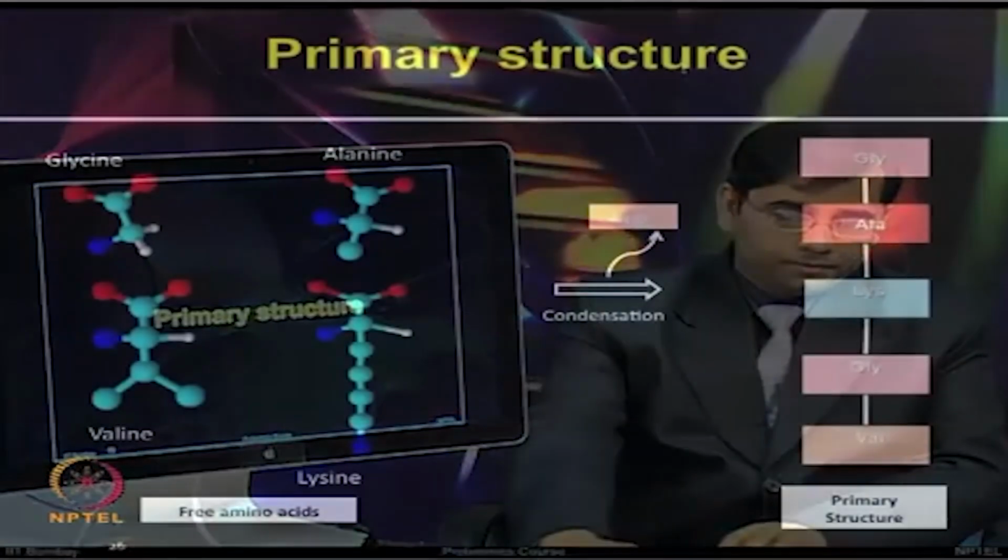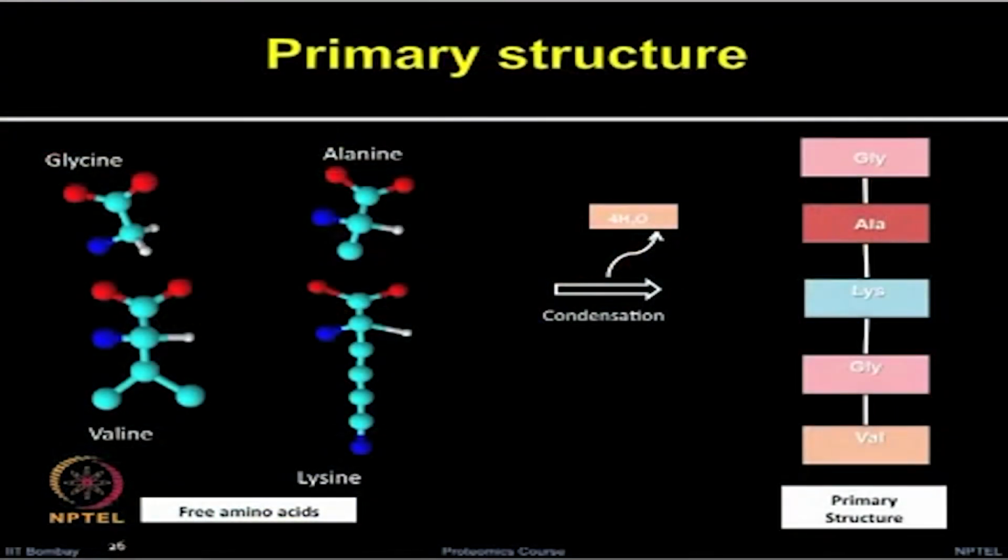The primary structure refers to the sequence of amino acids. As you can see on the left side, different amino acids can come together and the linear sequence of amino acids constitutes the primary structure with loss of water molecule.